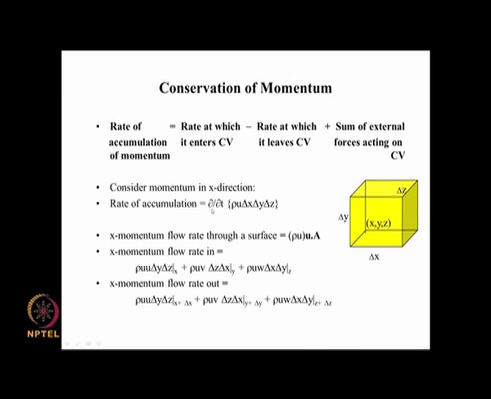This will give us dou by dou t of rho u. Now, this is plus and this is minus because this is entering and this is leaving. If you consider only these two terms and divide everything by delta x delta y delta z, then delta y delta z will cancel out and these two will give us rho u at x. When we say rho u, it is equal to rho u square because these are velocity components, scalars.